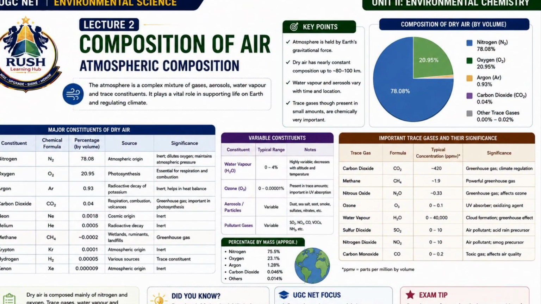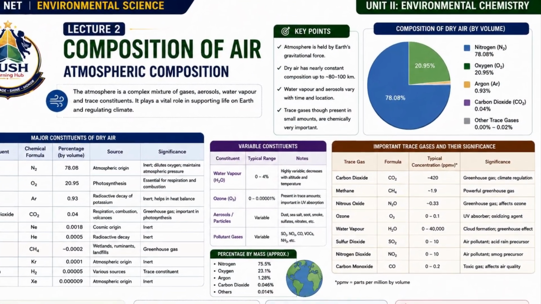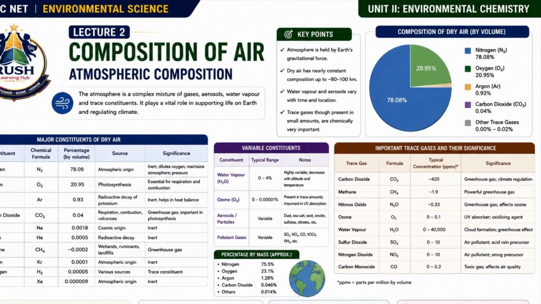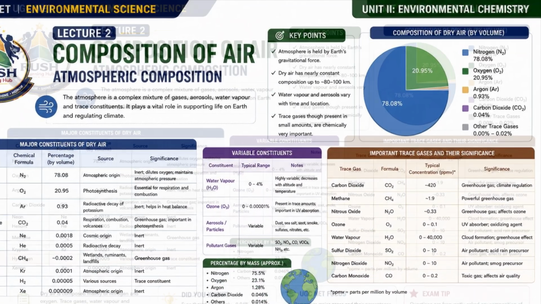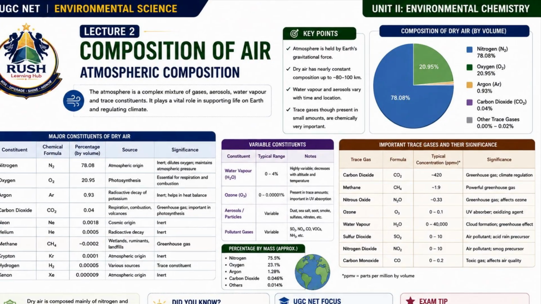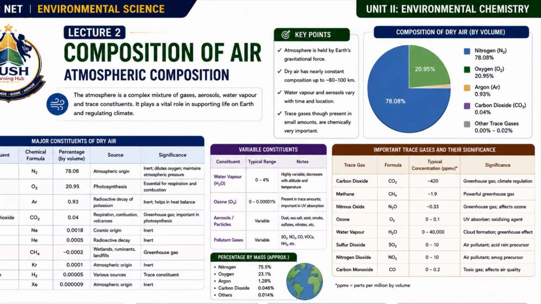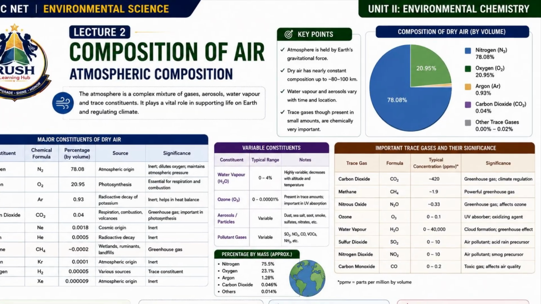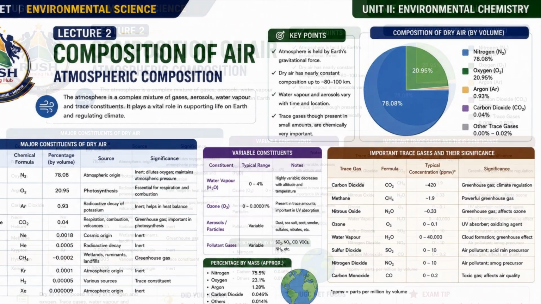Composition of air, which forms the foundation of atmospheric chemistry. Before understanding atmospheric reactions, air pollution, ozone chemistry, or climate change, it is essential to know what Earth's atmosphere is made of. The atmosphere is a mixture of gases, water vapor, aerosols, and suspended particles surrounding our planet.